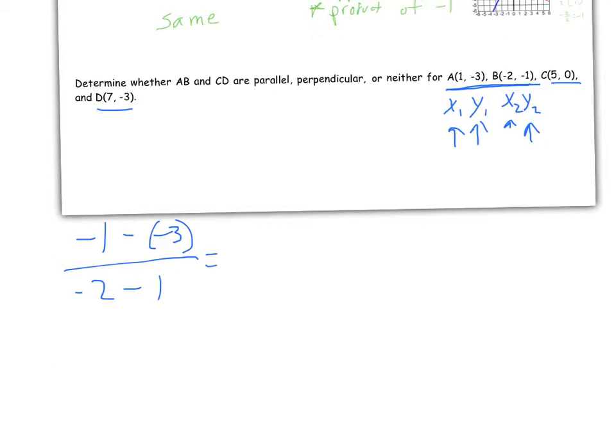This ends up being 1 plus 3 over 2 minus 2 is negative 3, which is actually that's not correct. Well, negative 1 plus 3 would give us 2 over negative 3. So that's my slope of AB.